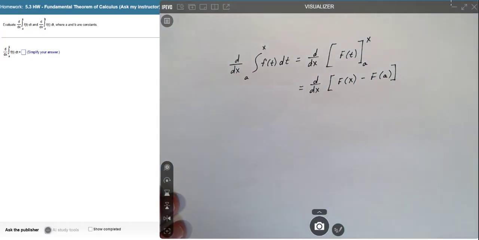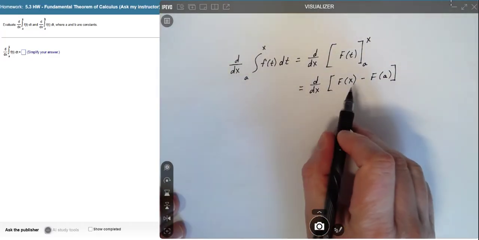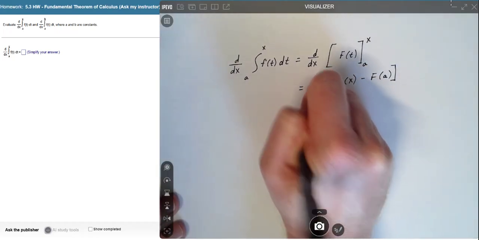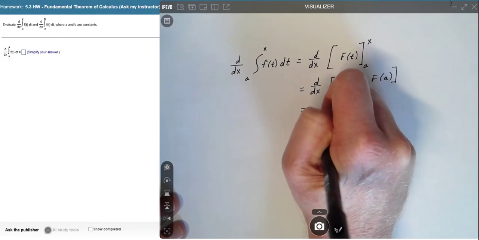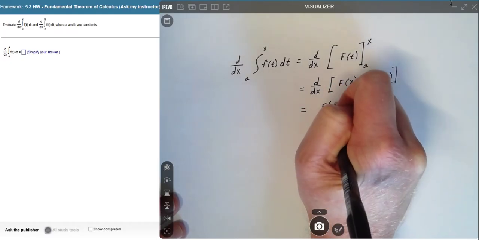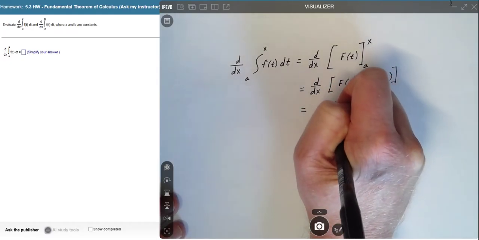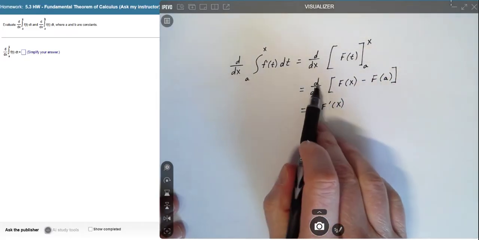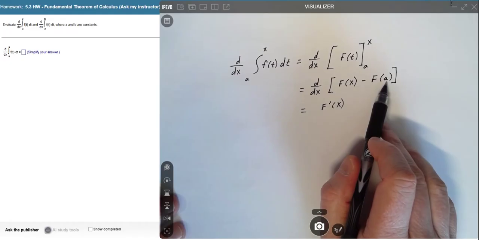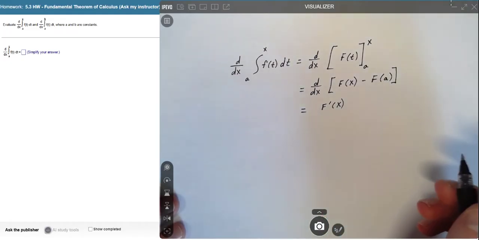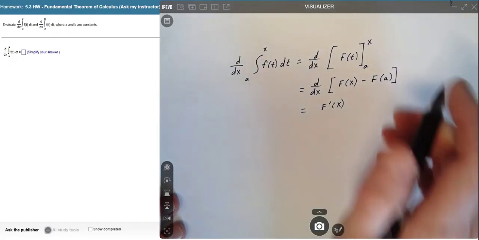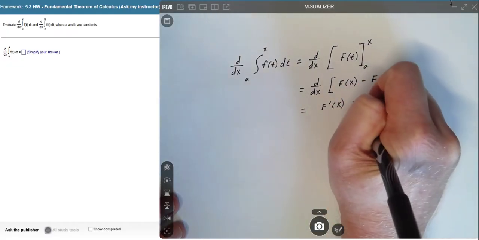Now, when we take our derivative, we can take the derivative of the first term and then the second term. The derivative of the first term is just going to be the derivative of the antiderivative F evaluated at x. And then we know that the derivative of any constant is just zero. So the derivative with respect to x of the function evaluated at any constant is just going to give me a zero.